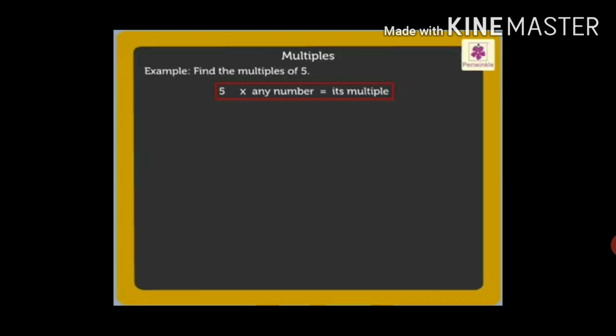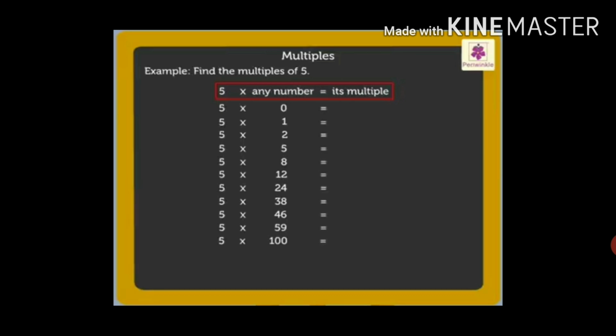So, let us multiply it with a few random numbers to list a few of its multiples. 5 multiplied by 0, 1, 2, 5, 8, 12, 24, 38, 46, 59, 100 and so on gives 0, 5, 10, 25, 40, 60, 120, 190, 230, 295, 500 and so on.